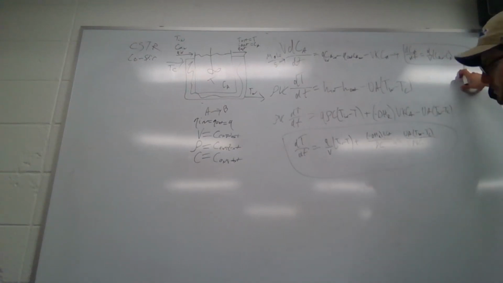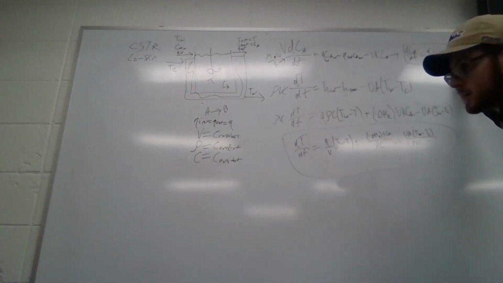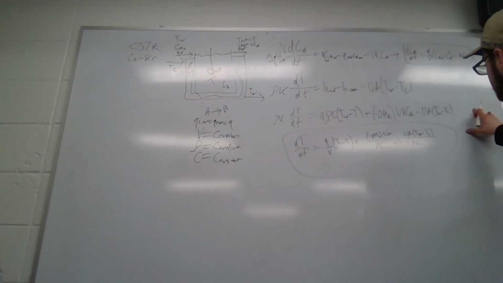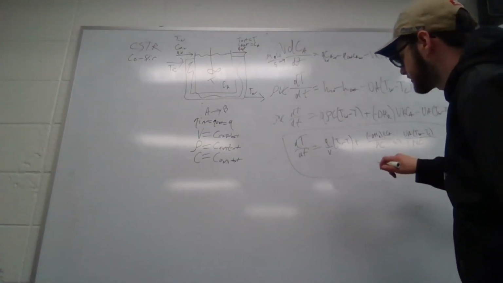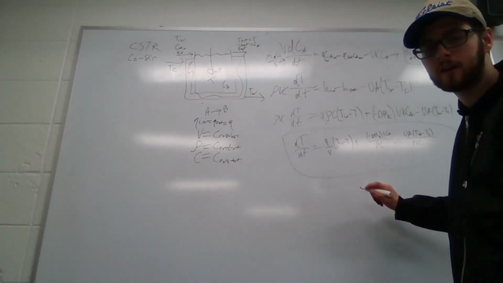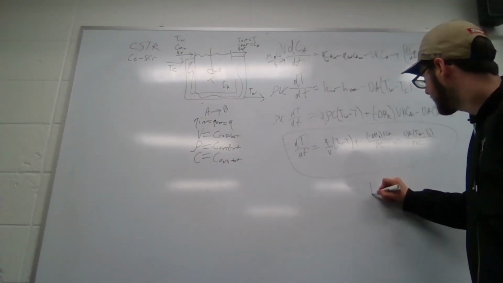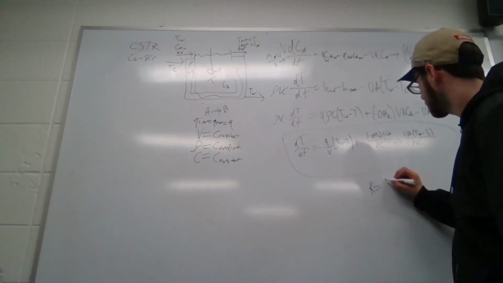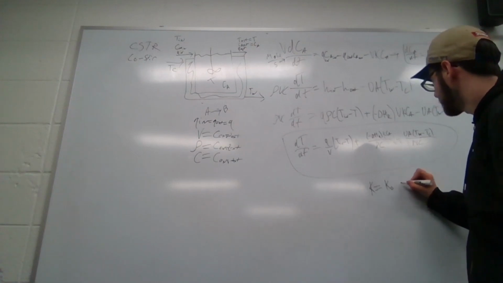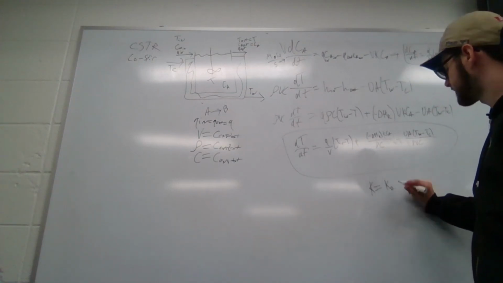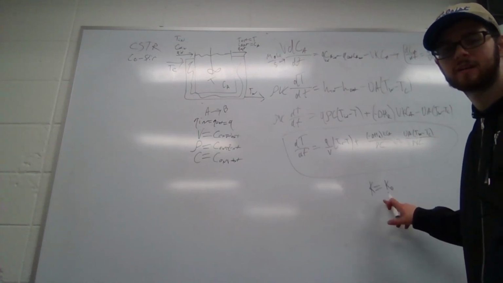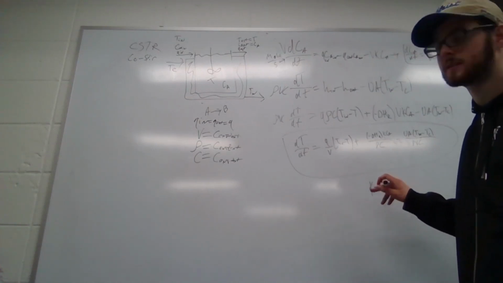I don't know if this one is as useful for coding, I guess we'll find out. But we have all of this given to us, and so that's what we find that to be. And there's just one more small thing to cover, and that is K, since we're given some other terms and we know K. K is equal to a K naught term, which is the rate, and K naught is essentially a representation of the rate of collisions inside the tank.